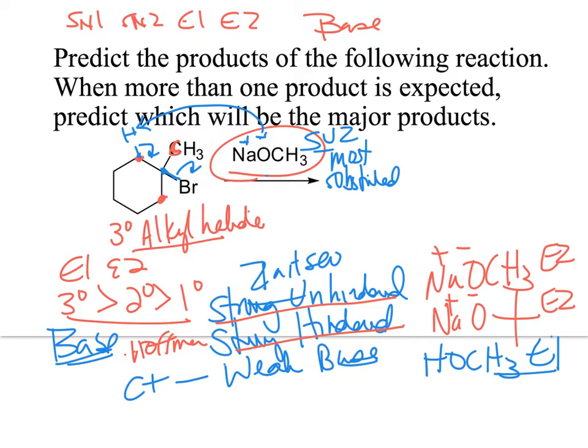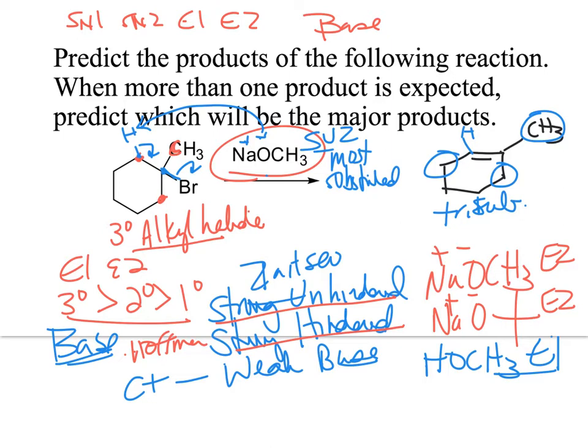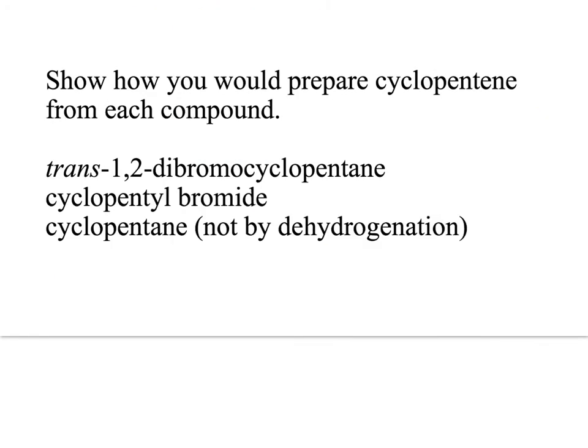And we have three arrows because bromine's going to leave. And then we draw that product, CH3. And as you can see, you have 1, 2, 3. This is a hydrogen. This is a tri-substituted product. So that would be your Zaitsev product, and it would be the more substituted.